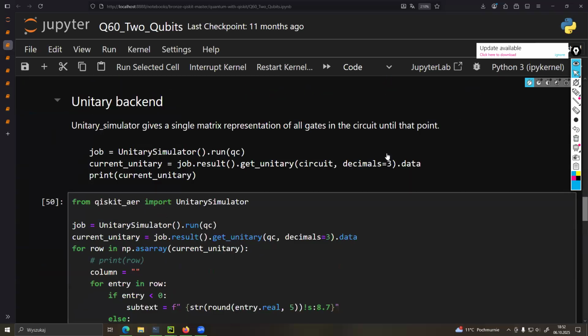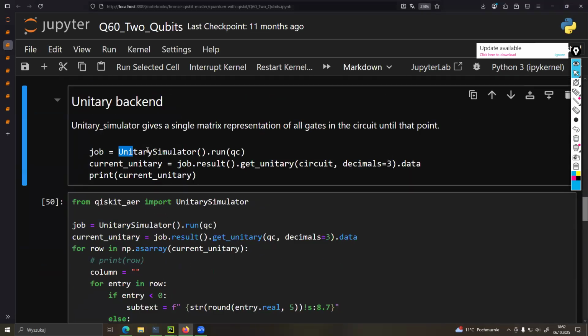Another thing is, what about the library? Well, the library prepares this operation for us. So there is another simulator. We spoke about the state vector simulator, where after all operations, we do not append a measure in our circuit.